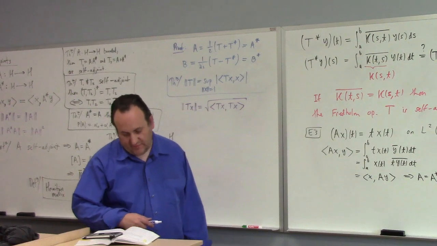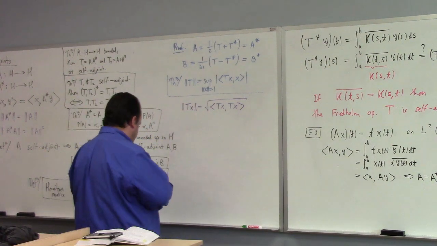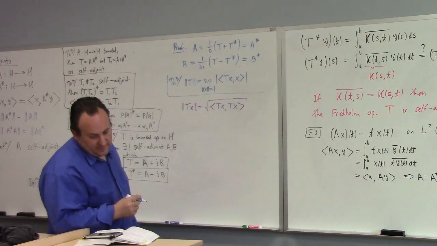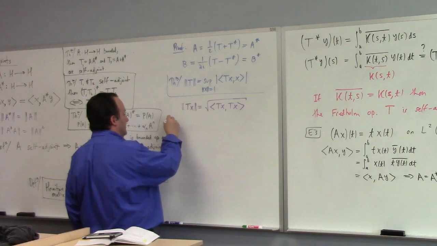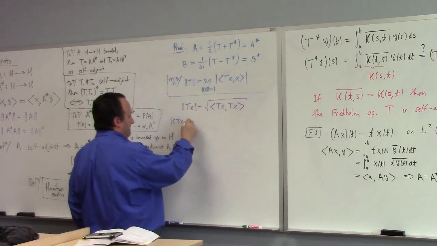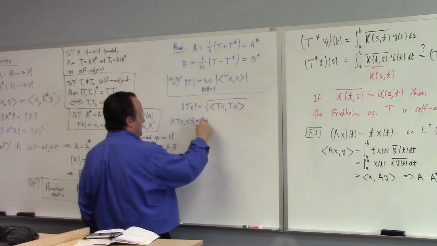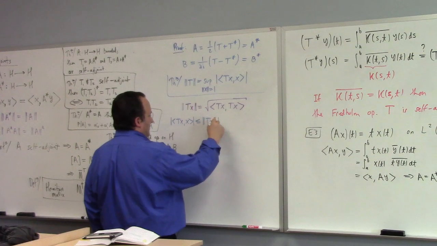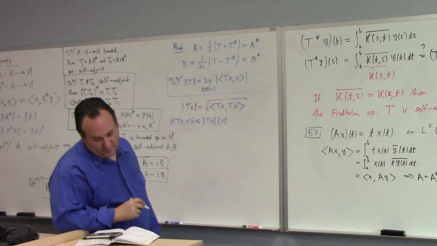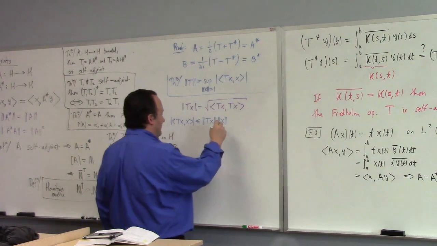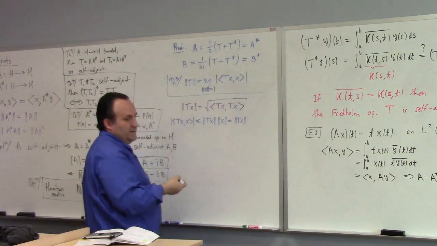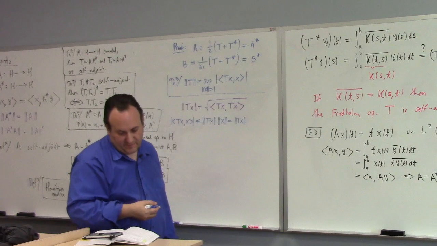So one direction of the theorem is pretty easy. You just start with Cauchy-Schwarz. You start with the absolute value of (Tx, x), which is less than or equal to the norm of Tx times the norm of x. But that's equal to the norm of Tx, since we're working in the context of unit vectors.